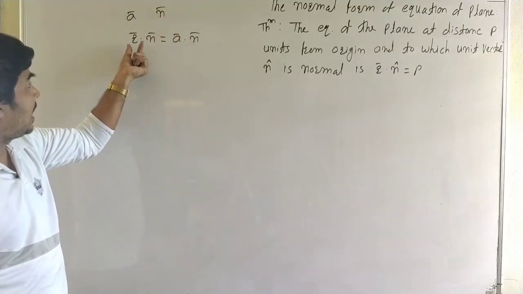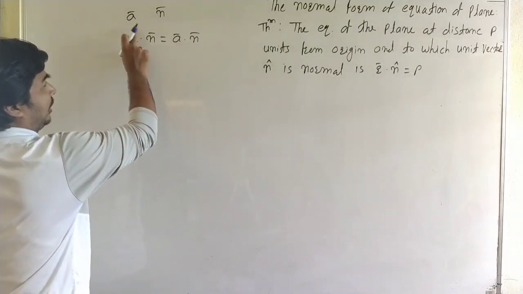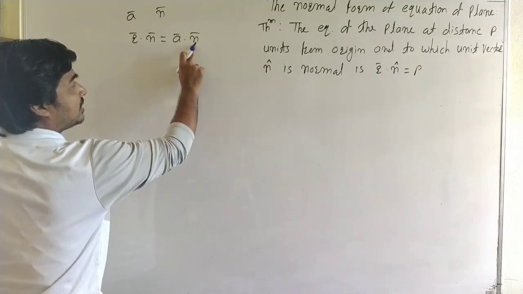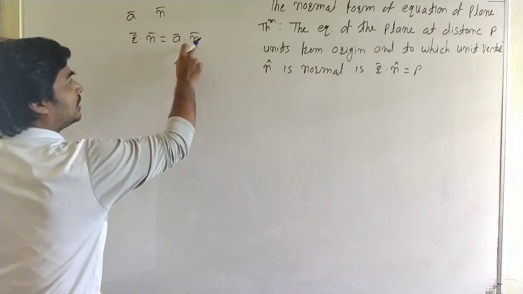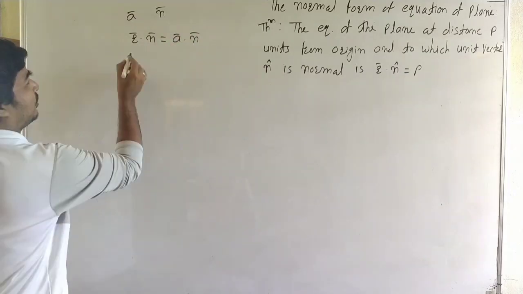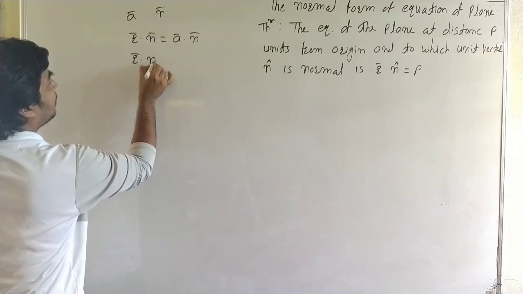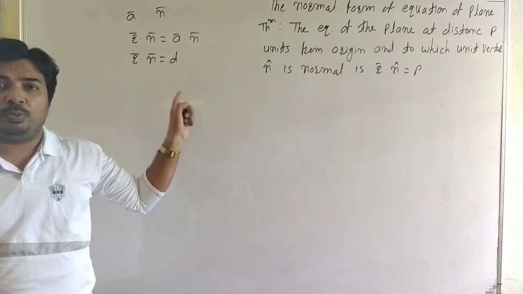Here r bar is a variable point, a bar is a given point through which the plane passes, and n bar is the perpendicular vector to the plane, that is the normal. The dot product of these two vectors is a scalar. Therefore, we can write this vector equation of the plane as r bar dot n bar is equal to d.